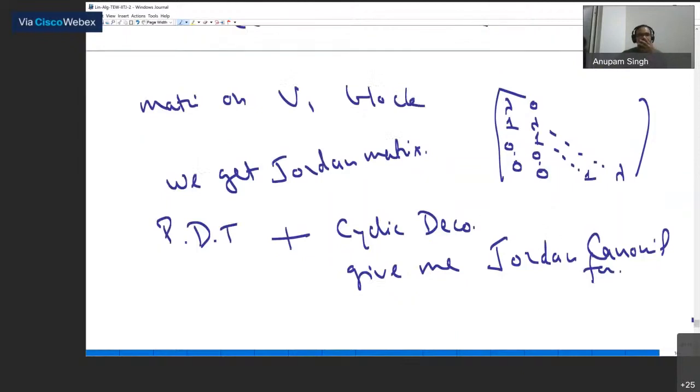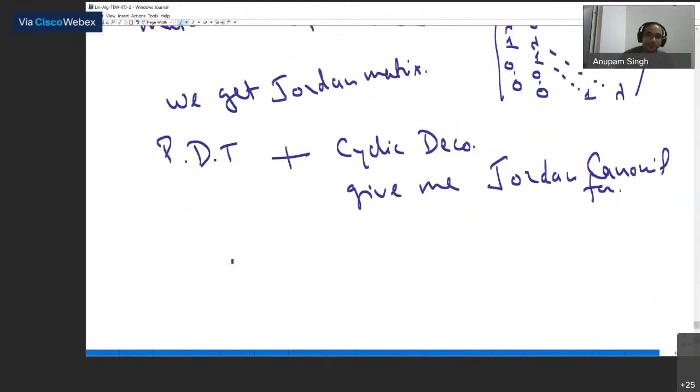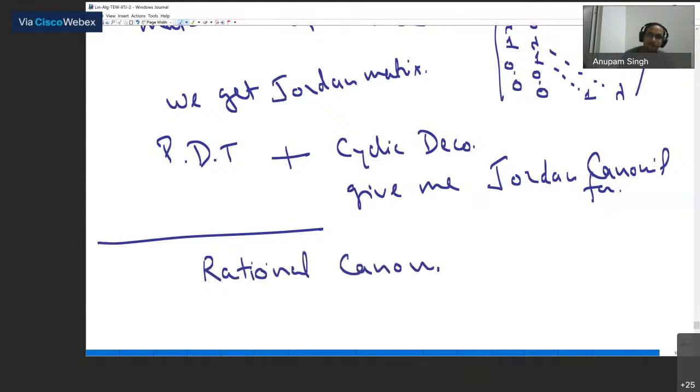The way I have stated all these things, it's much more general. You can actually get the rational canonical form also, because I said that you get the companion matrix. So you can also do the next application, what is called the rational canonical form. But I'm not going to elaborate too much on this.